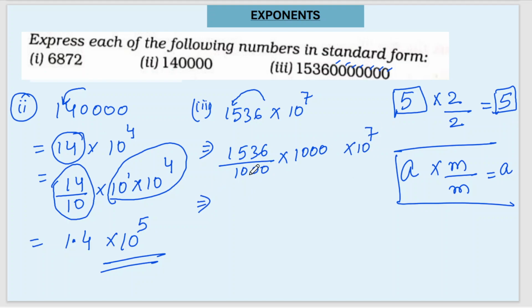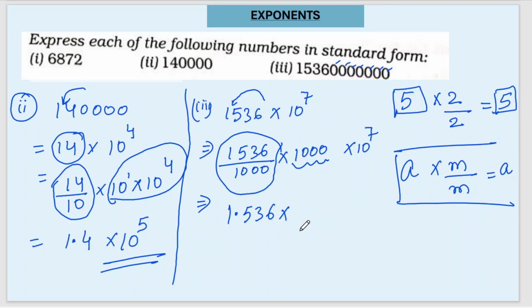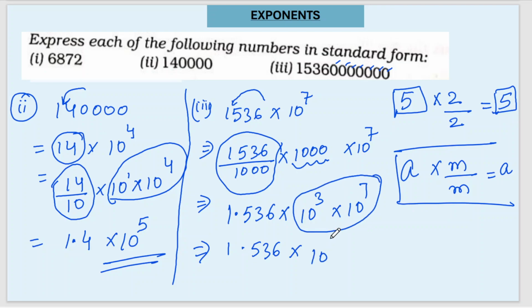Now I can write this as 1.536 into 1000, which can be written as 10 to the power 3, and then 10 to the power 7. Now 1.536 into, same base, add the power. So you will get 10 to the power 10, and this is your answer.